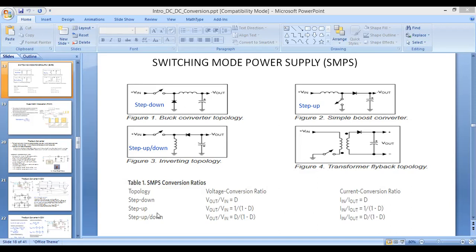If you calculate for the buck boost converter, step up and down, you will get V out upon V in, the voltage conversion ratio or voltage gain, equal to D upon 1 minus D, and we can calculate this in the form of current conversion ratio.